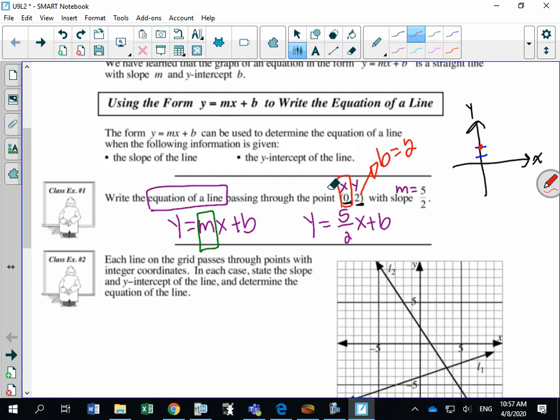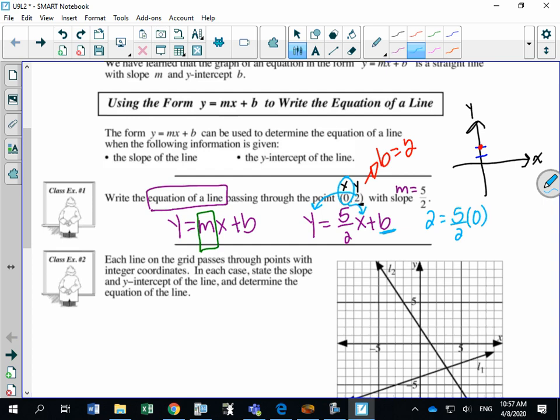But let's say you didn't realize that and you asked, how else could I do this with just that point? We know that that's x and that's y. If I need to solve for b, but I know that x is 0 and y is 2, let's rewrite this equation plugging in y is 2, 5 over 2 times x, and our x value is 0.